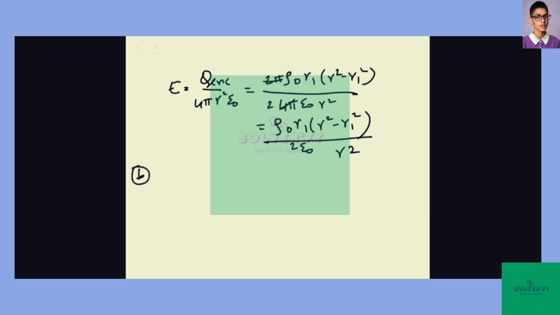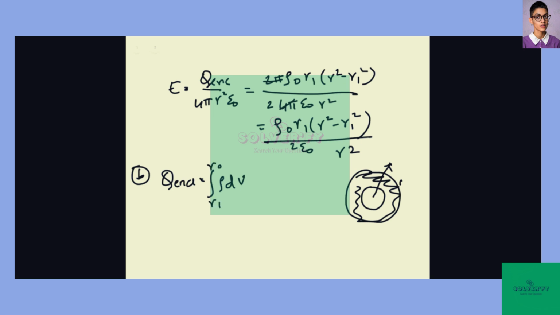Now for part B, once you are completely outside the shell, all the charge enclosed will be the total charge in the spherical shell. So we simply need to find the entire charge of the spherical shell. That will be integral rho dv with limits r1 to r0.